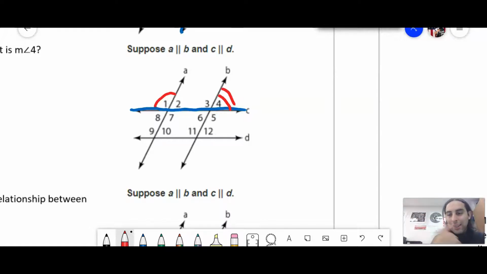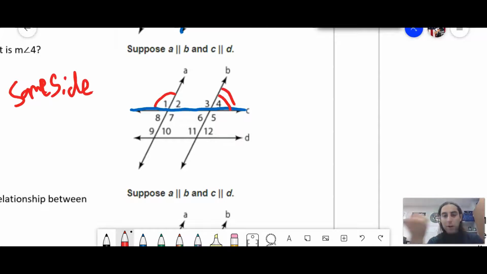1 and 4 are on the top of the transversal. They're above it, so that's what we call same side, right? Same side. Now, are 1 and 4 in between the parallel lines? Are they in between A and B, or are they outside of A and B? Well, angle 1 and angle 4 are to the left and to the right of the parallel lines A and B, so those are outside, those are exterior.